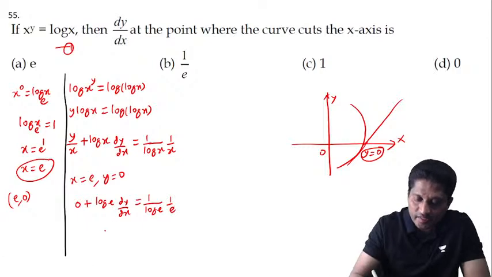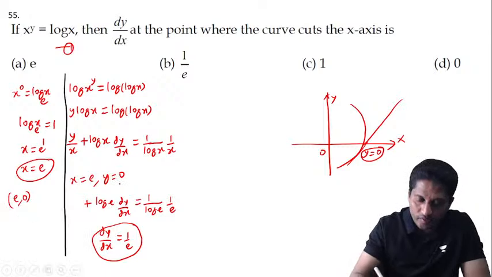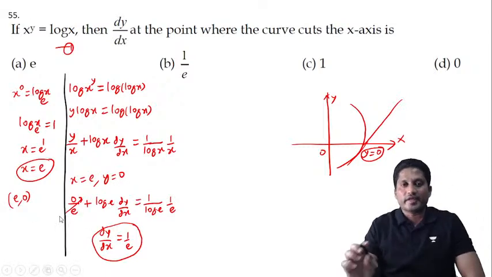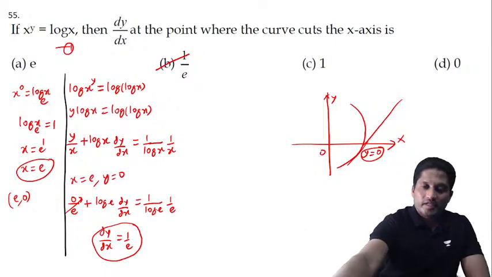Log e is 1, so you get dy by dx is equal to 1 by e. Let's move to the next question.